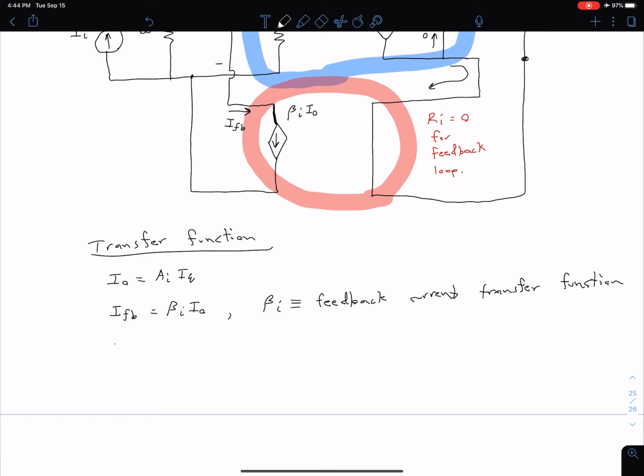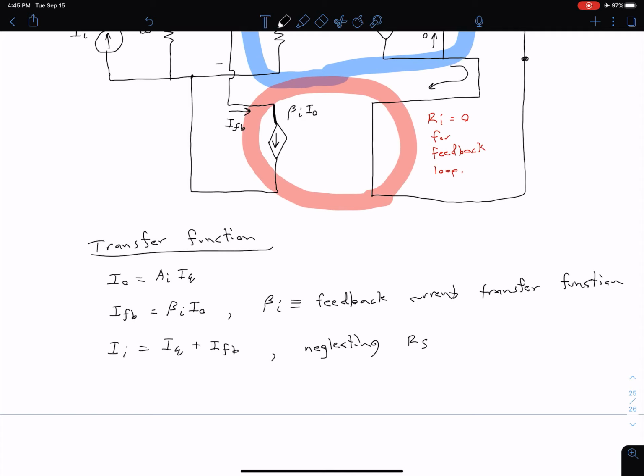So we can say then our input current is equal to our error current plus our feedback current. Again, that's because we're neglecting our R_s. That's just to make this initial analysis easier, and then we can of course account for that later.